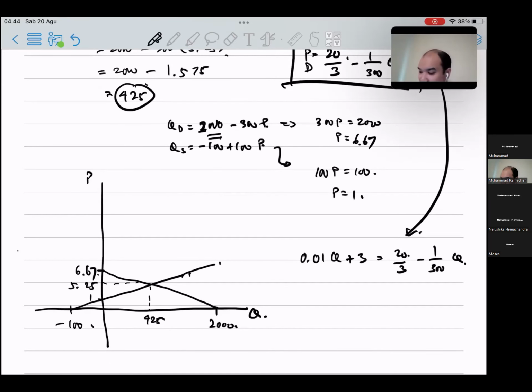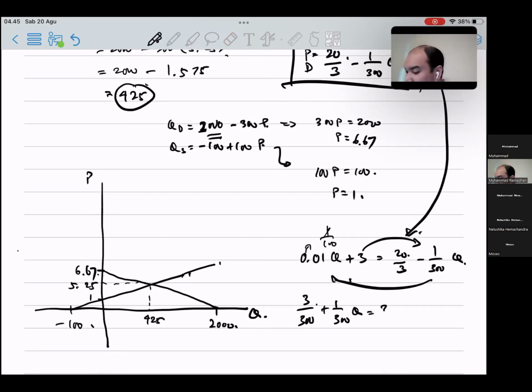Okay, so 0.01 is equal to 3 over 300. You can move it to this side, and then move 3 to the other side: 20 over 3 minus 3 is 11 over 3.